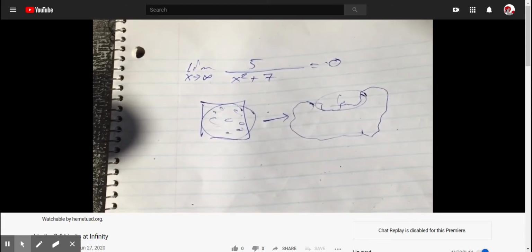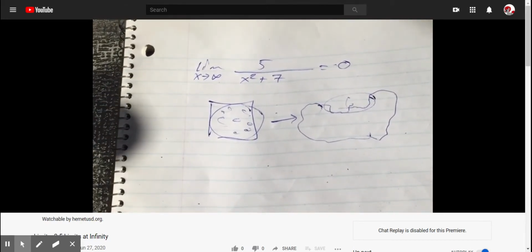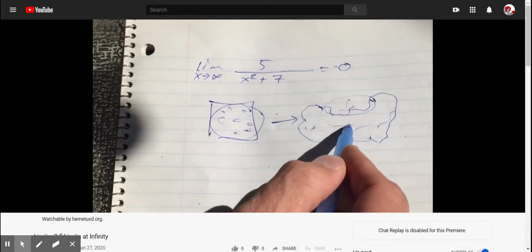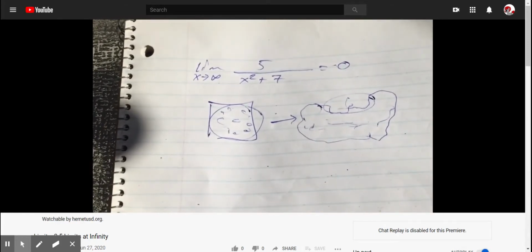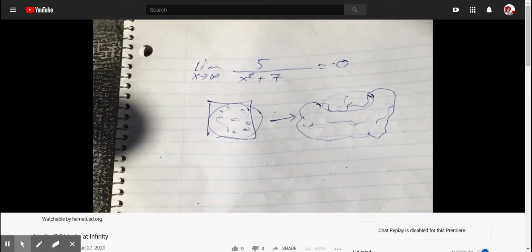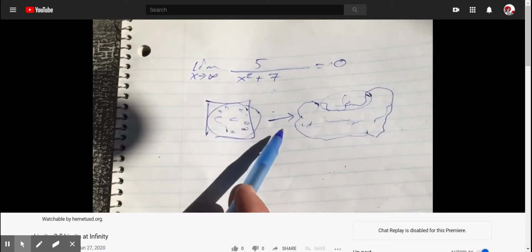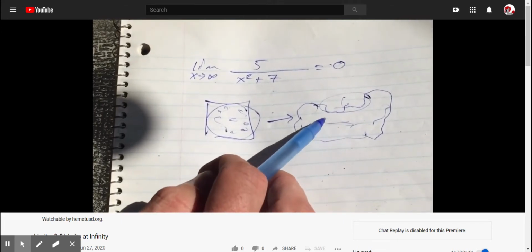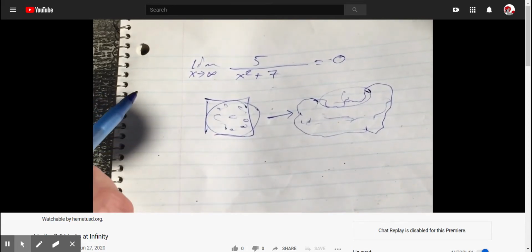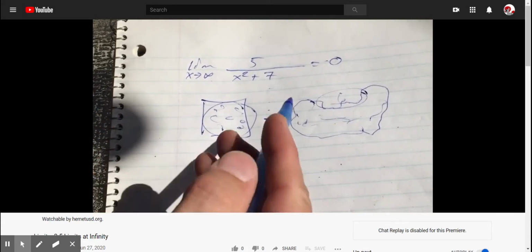So everybody who lives in China is going to get to share that one pizza. Even though they would officially get something, they would essentially get nothing. And that's the idea about these limits as we approach infinity. You take something finite and you divide it by something insanely big, and it basically boils down to nothing. So that's the concept there.